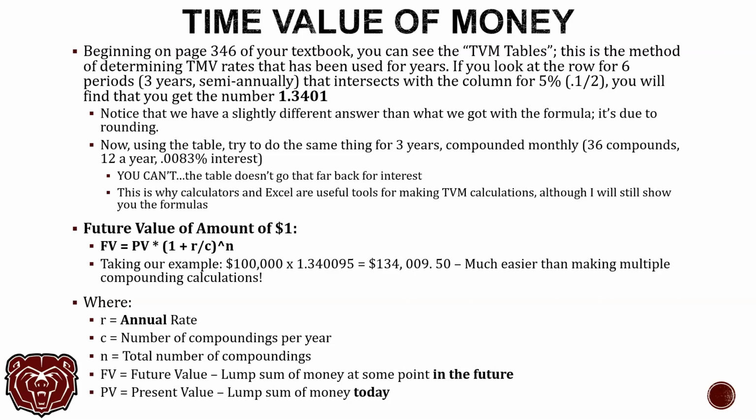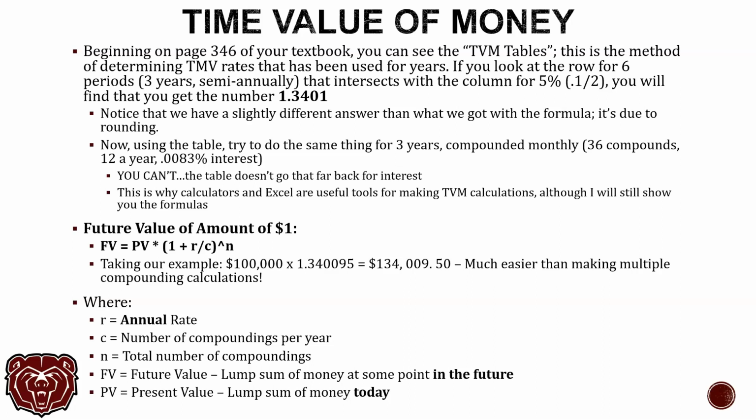This is why we use calculators. This is why we use Excel for finding these TVM calculations now. Okay, I'll still show you the formulas in the lectures and the PowerPoints, but my expectation is that you are using a calculator to come up with these answers, or you are using Excel to come up with these answers. There are future value, net present value formulas inside of Excel.